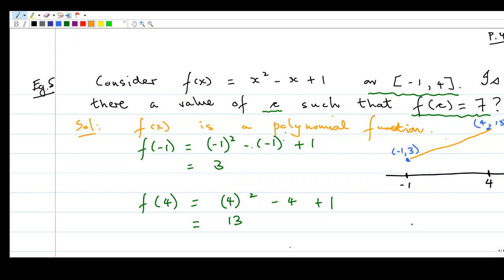The output has to be 7. So there's going to exist some value c where the output is 7. That's your c.